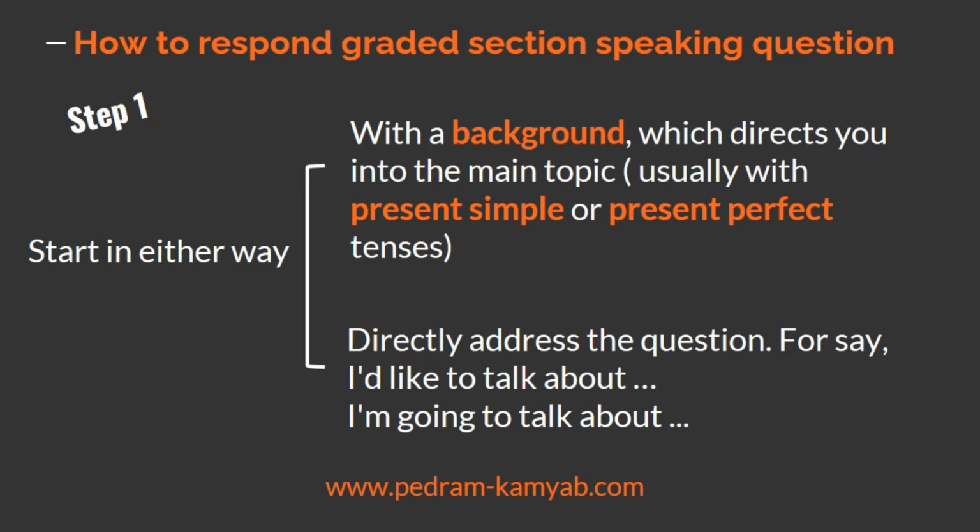For example, here it was about a piece of information that you got. So you can say something that provides some information about the main topic, but it's not supposed to directly answer the question. It's just a warm up for the listener, so it prepares his or her mind to go through the main topic.